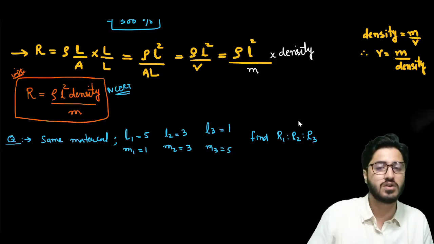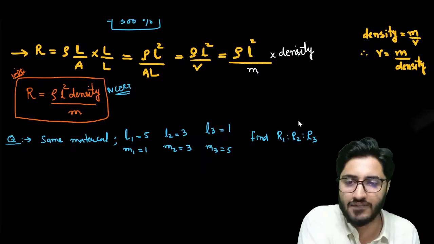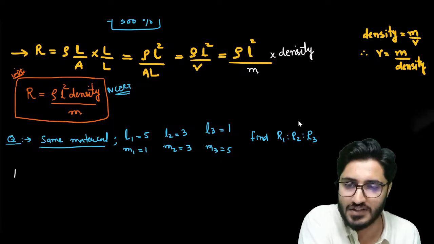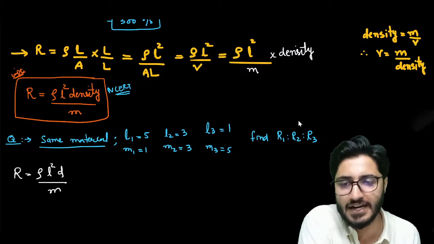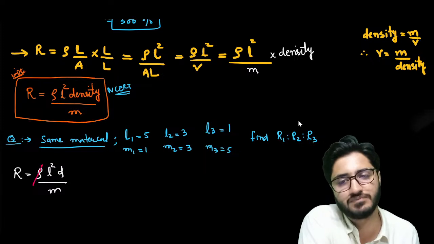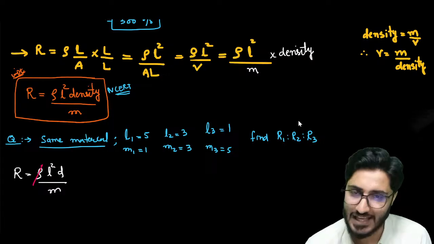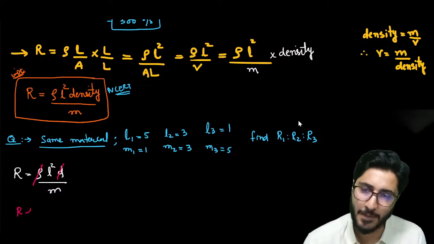Very good numerical. How to get it now, sir? For same material, the equation is R equals rho L square density by mass. Material same indicates my resistivity rho is same. Then density is same. So can I write R is proportional to L square by M? Yes, sir.